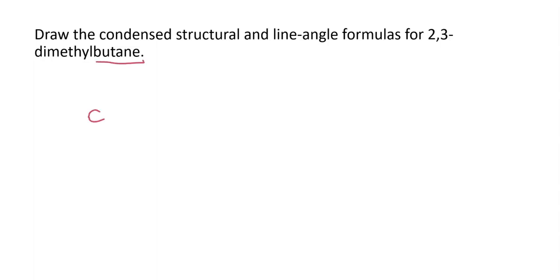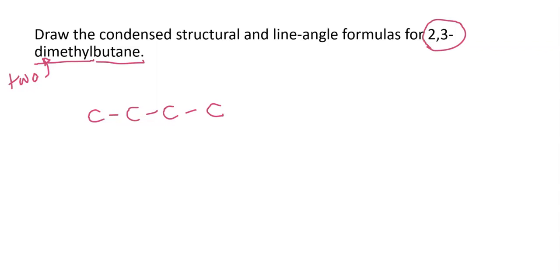So I will start with the known fact: if it's a butane, it has to have 4 carbon atoms. And then it says dimethyl, which means there are 2 methyl groups. So where are these 2 methyl groups? The positions are numbered here.